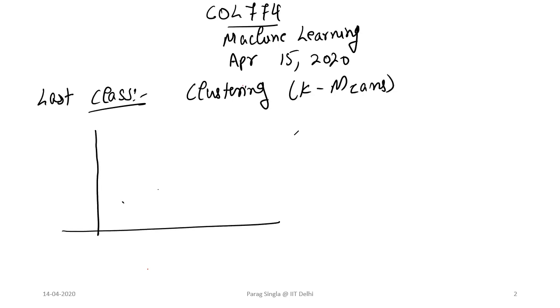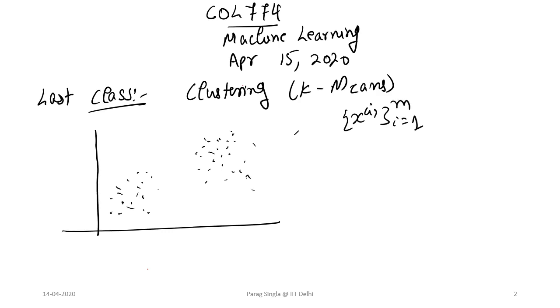And just to remind you again, this was our example diagram, and we were given a set of points i equal to 1 to m, and we wanted to estimate a c_i for every i which belongs to the set 1 to k, which essentially denotes the cluster membership.